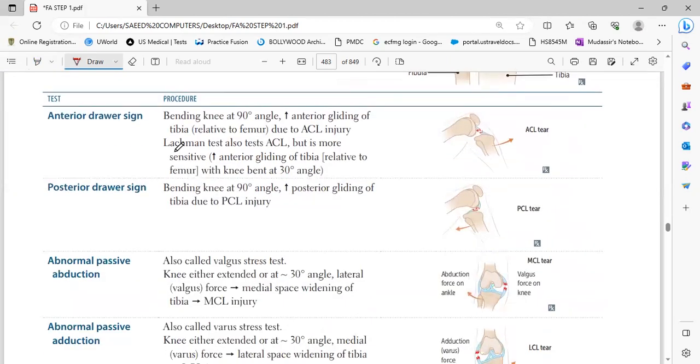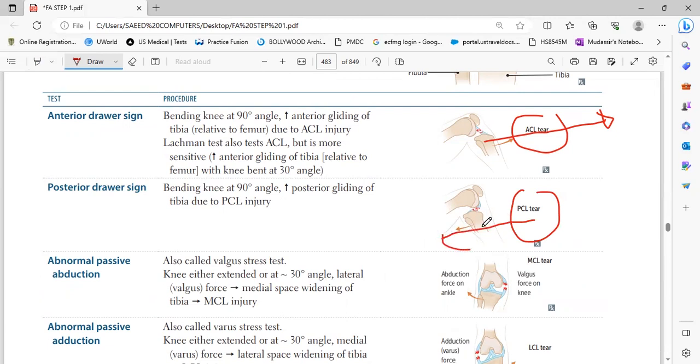Then the anterior drawer sign. Here you can clearly see that when an ACL tear happens, the tibia will glide anteriorly. That's why I told you the tibia is an important point here. In PCL injury, the tibia will glide posteriorly.